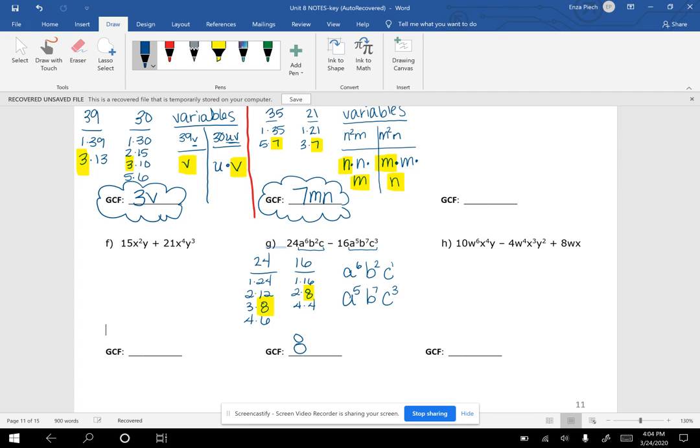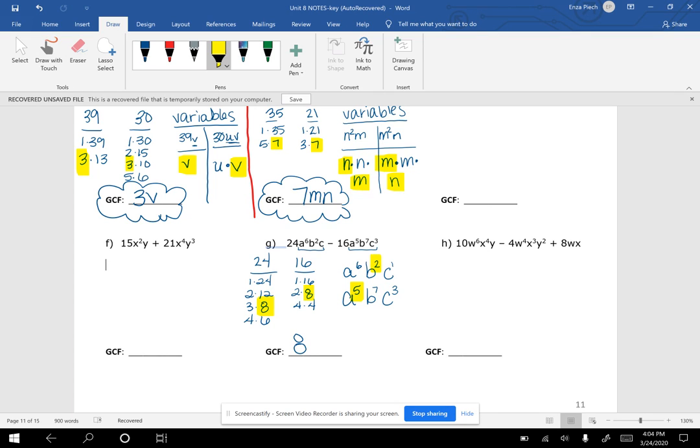Next, I'm going to look over here. I can only have the smallest quantity, because if you think about it, I can't pull out 6 from a 5, can I? That really wouldn't work out for me too well, because I don't have enough. What I can do, I can pull a 5 out of a 6.